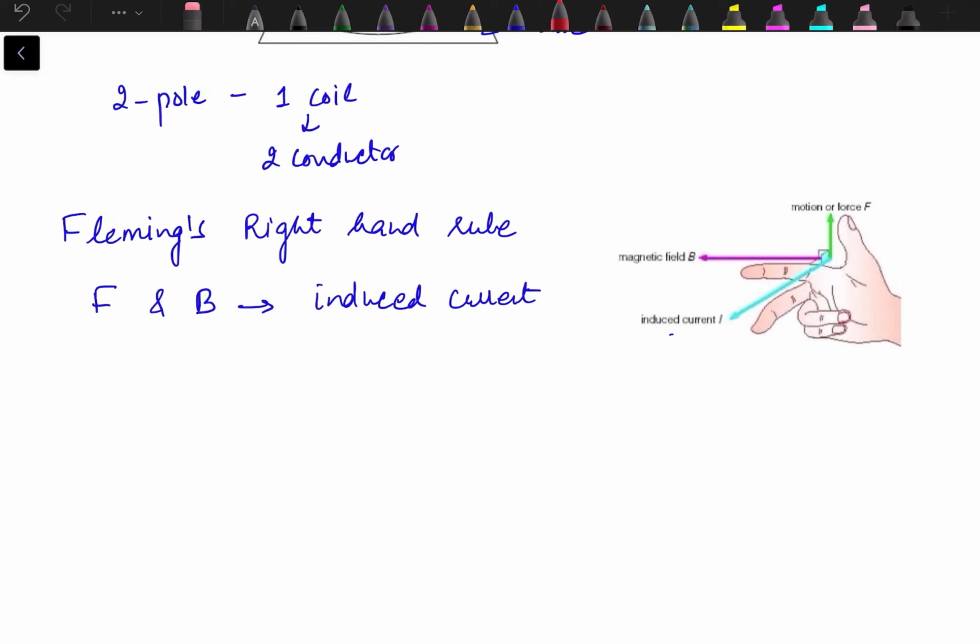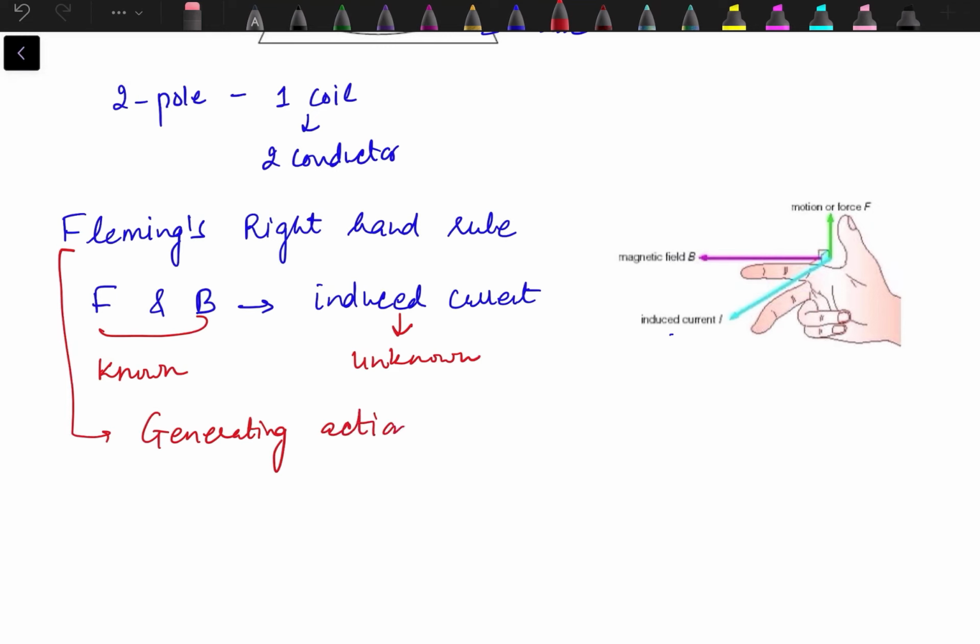So these two are known and we can find out the direction of this induced current which is unknown to us. So this is actually applicable to generating action, since in case of generator we know the direction of magnetic field and direction of rotation, and we need to find out the direction of induced current.